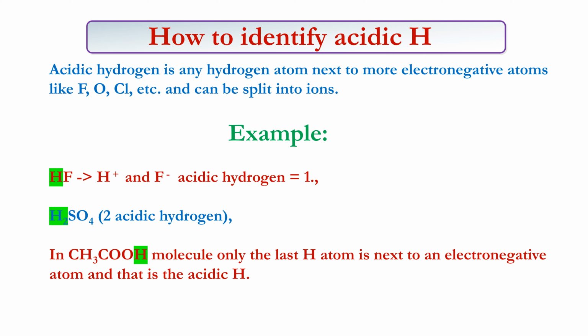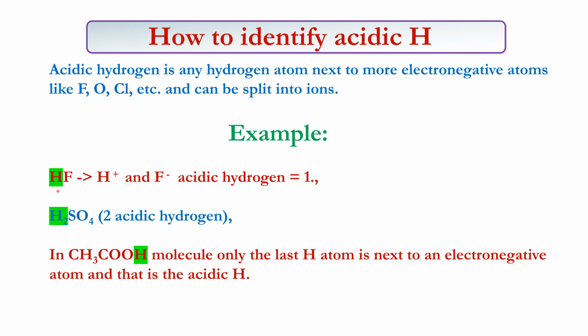Now we look at how to identify acidic hydrogen. Acidic hydrogen is any hydrogen atom attached to more electronegative atoms like fluorine, oxygen, chlorine, and can be dissociated into ions. An example is HF.